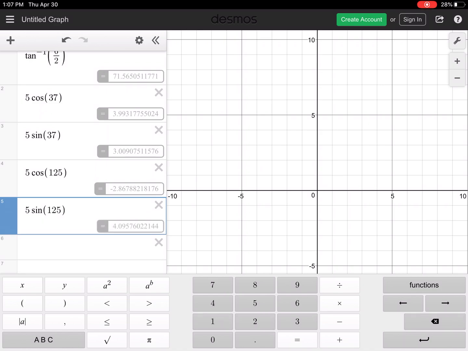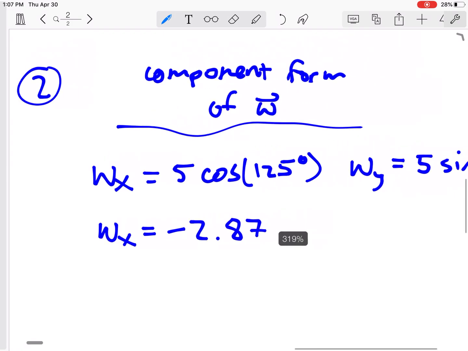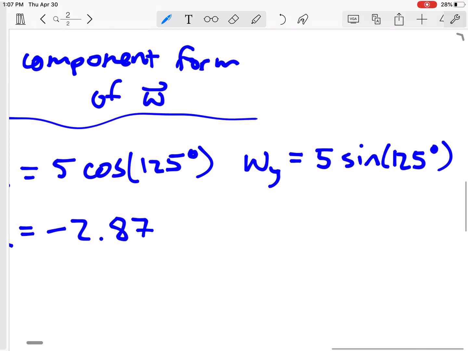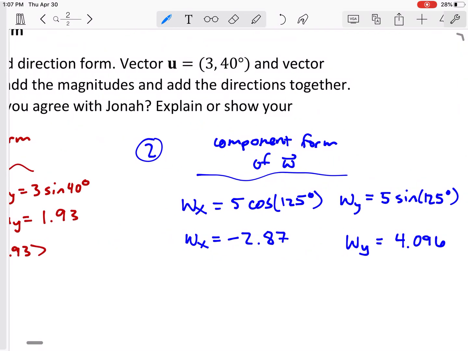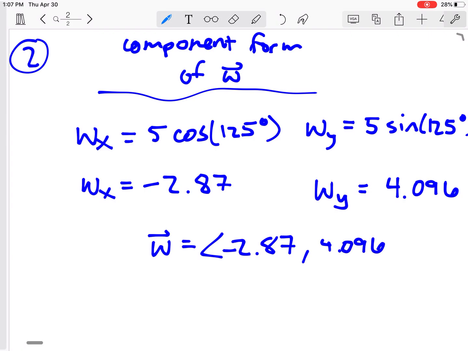We end up with negative 2.87 and 4.096. Negative 2.87. Yes, that negative matters. It's telling us the direction. This should go to the left, negative 2.87. And W sub y equals 4.096. So our component form of W, you should have found, was negative 2.87 and 4.096.